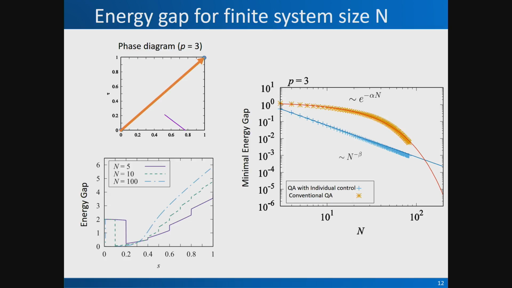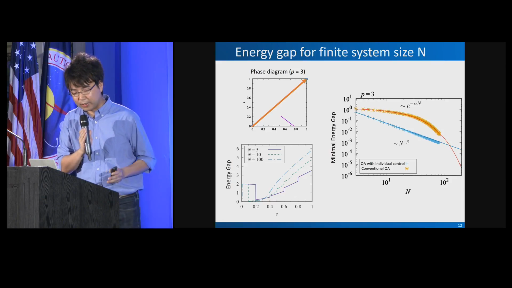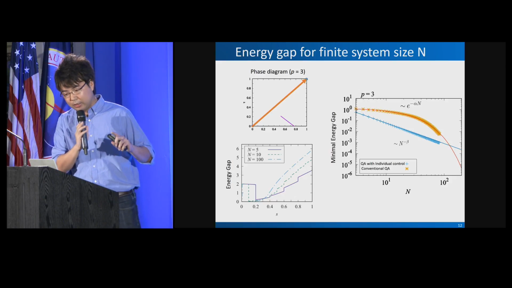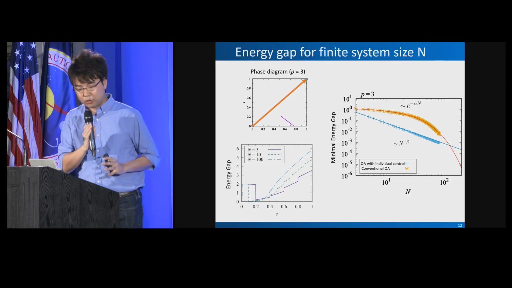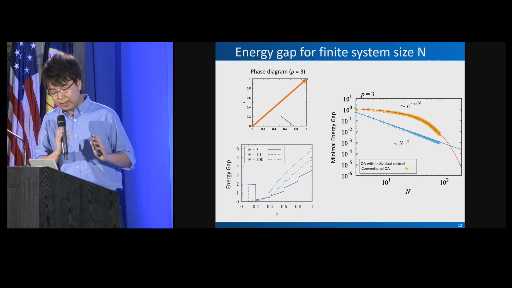So we also calculate the energy gap for the finite system size N for this path. To calculate the energy gap, we diagonalize the Hamiltonian, and for the calculation convenience, n1 minus tau on the sigma should be an integer, so we round up the n1 minus tau.